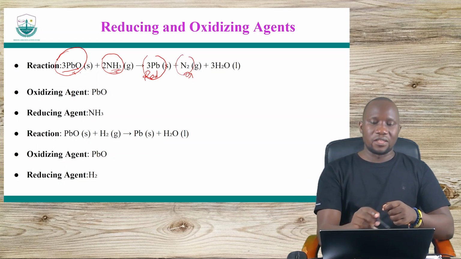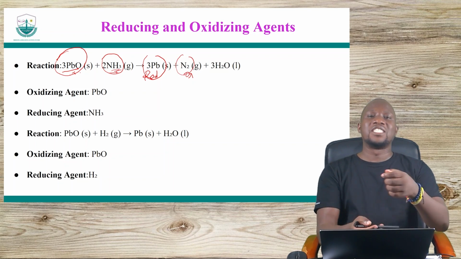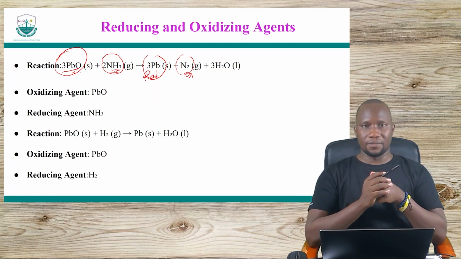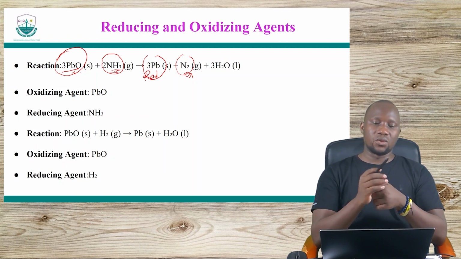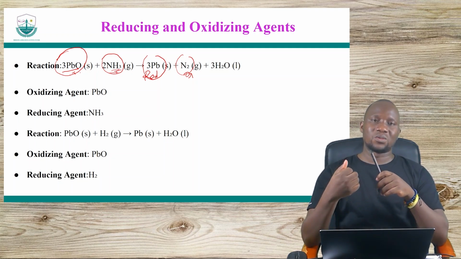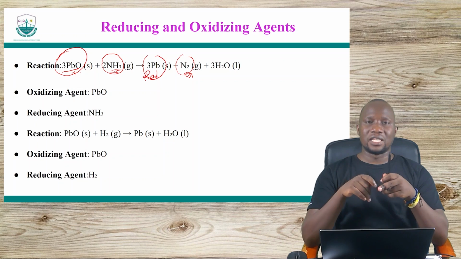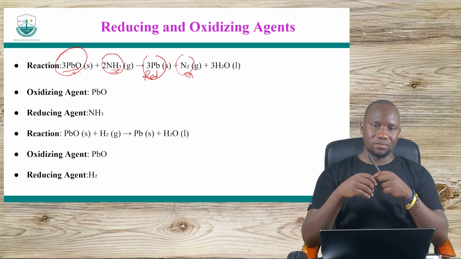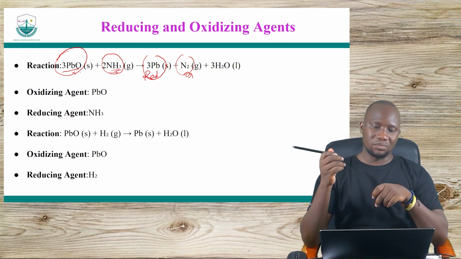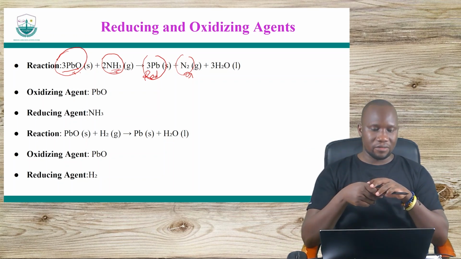And that's why we have this. But it itself gets reduced. That's what we have just concluded. Is that very clear? So you're having an agent that is oxidizing and an agent that is reducing. Okay? So what is being reduced and what is being oxidized is something that you need to note.